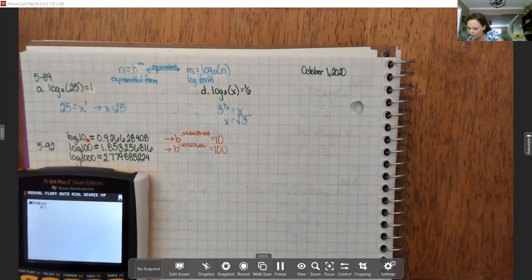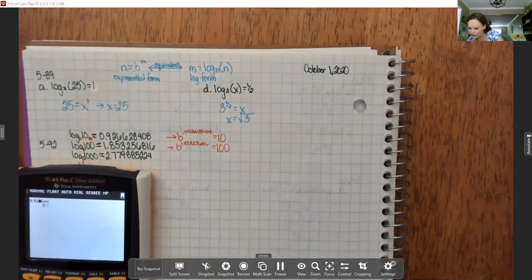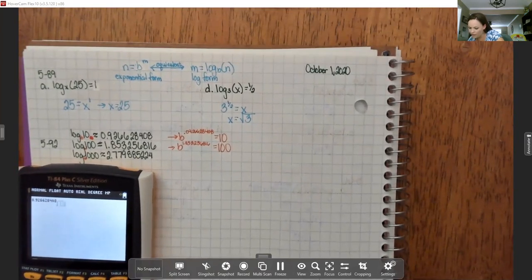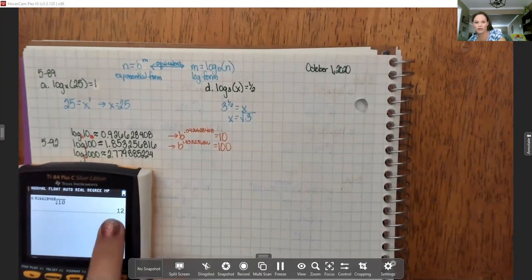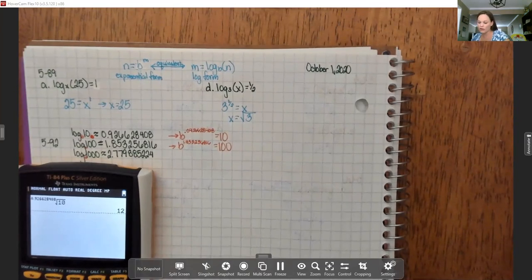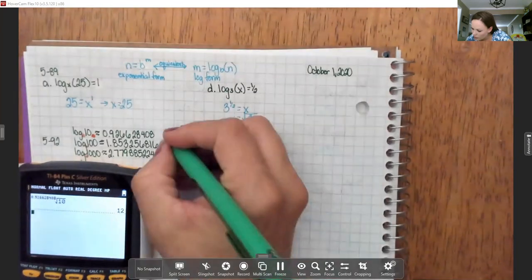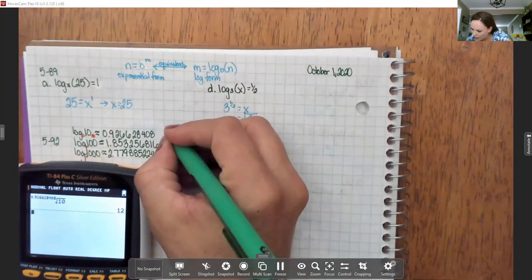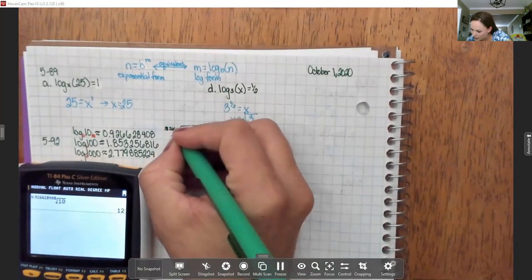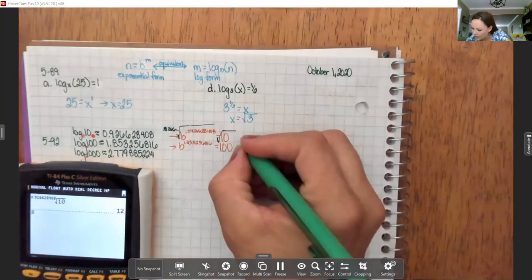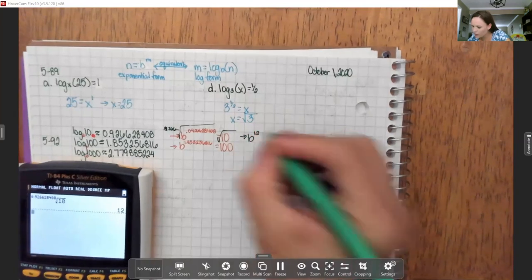Oh, I wrote it wrong. 0.9266, I apologize. 28408 of 10. And we get 12. So basically you take this root, and that tells us that b equals 12.